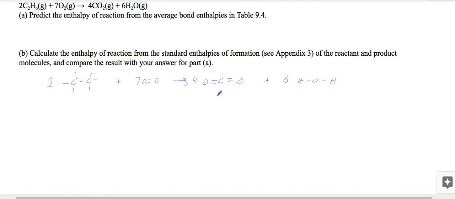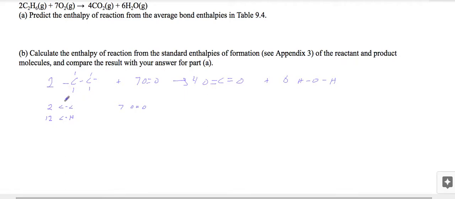So if we total things up here, we have 2 carbon to carbon bonds. We have 12 carbon to hydrogen bonds. And we have over here 7 oxygen to oxygen bonds. And we can look up the values of these in the table.